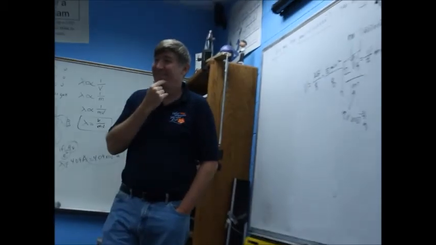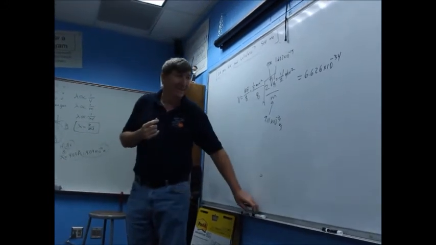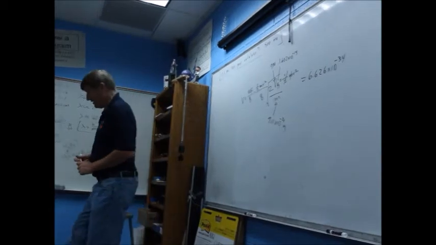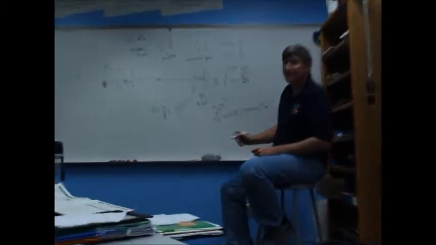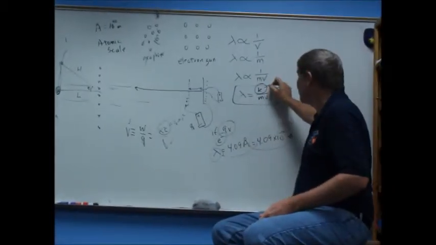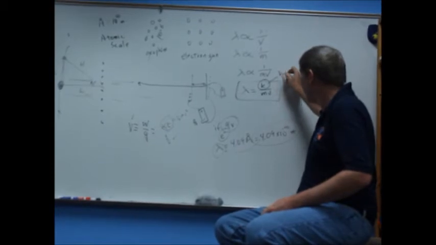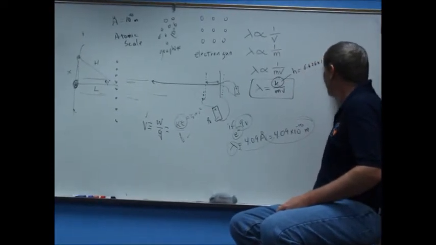Is that K? Yes, that's the K value here. This number turns out to be so important that we gave it its own special letter. We called it H, and it was 6.626 times 10 to the negative 34.